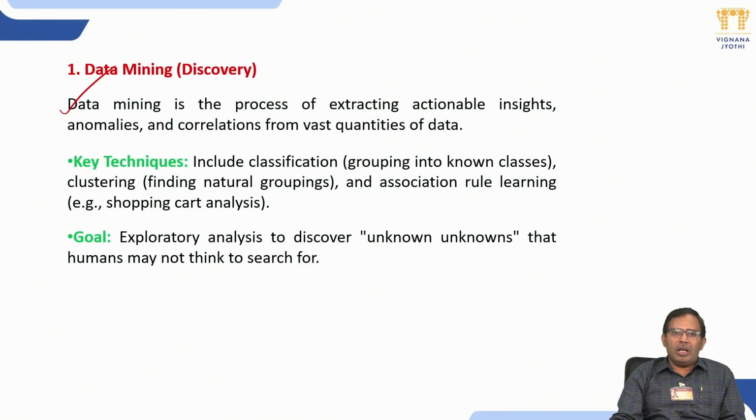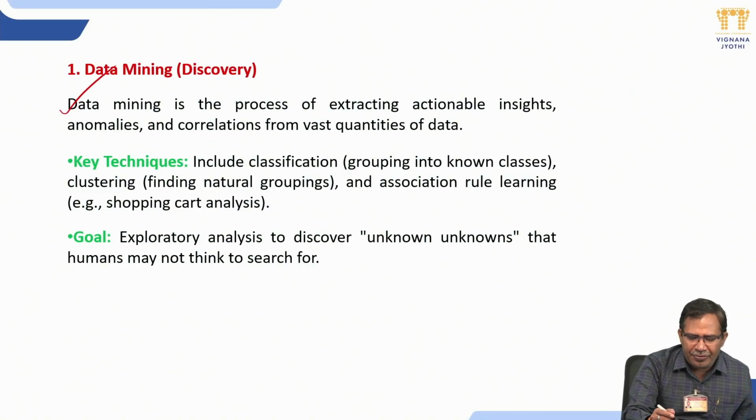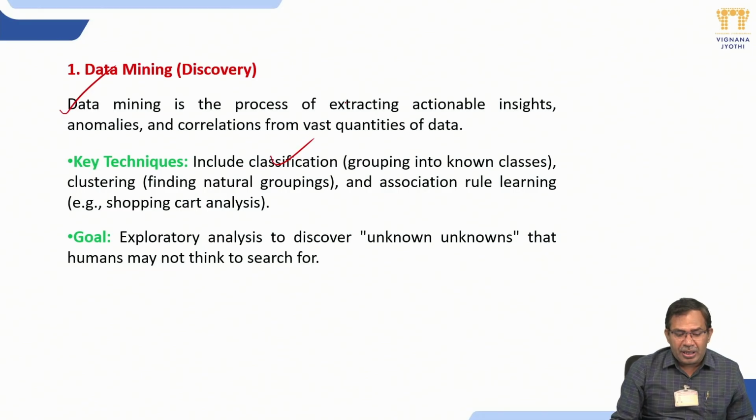The key techniques involved in data mining include classification, which states whether it's a ham mail or a spam mail, or a fraudulent transaction or genuine transaction. And clustering, stating which people come under segment 1, segment 2, segment 3, like OTT clustering, where people are interested in family stories, love stories, comedy stories, action stories.